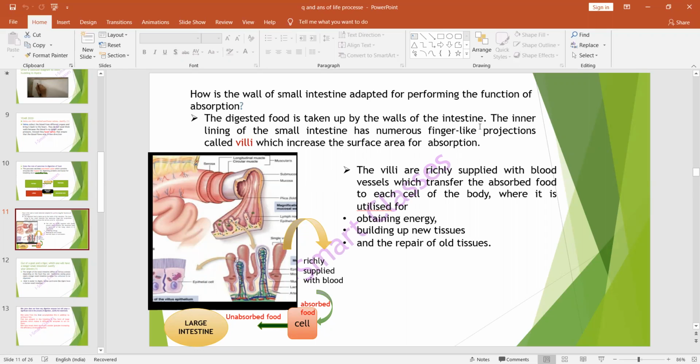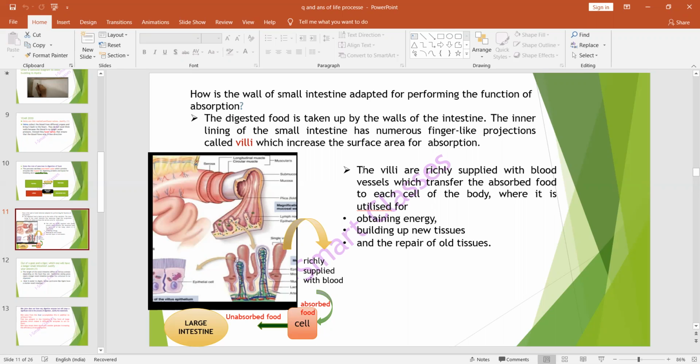In the second point, you have to explain that the inner lining of the small intestine has finger-like projections. You have to describe the structure of villi in the second point. So this is how you can remember the answer. The inner lining of small intestine has numerous finger-like projections called villi, which increase the surface area of absorption. Which I already explained to you.